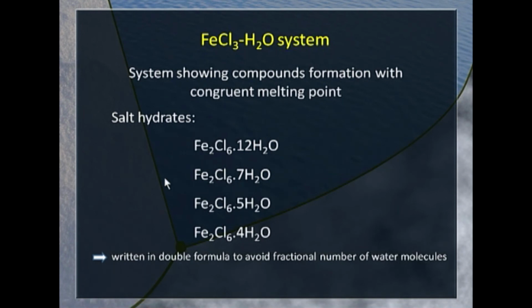You can look at the formula of the hydrates. We have written double formula because we want to avoid the fractional number of water molecules with each of these hydrates. We have made it 12. It should be 6 FeCl3·6H2O. Instead of that, we are writing the double formula so that we have whole numbers 12, 7, 5 and 4 for the water molecules.